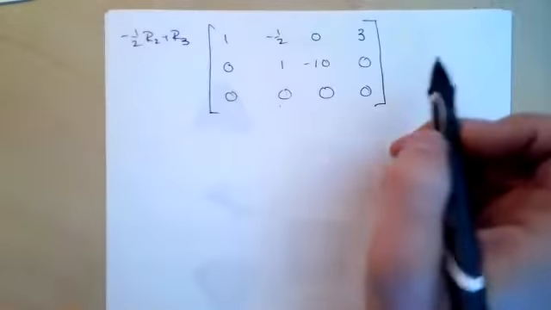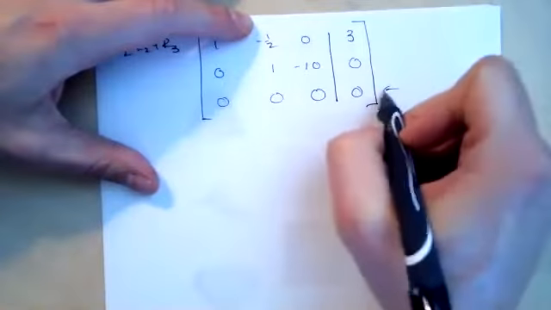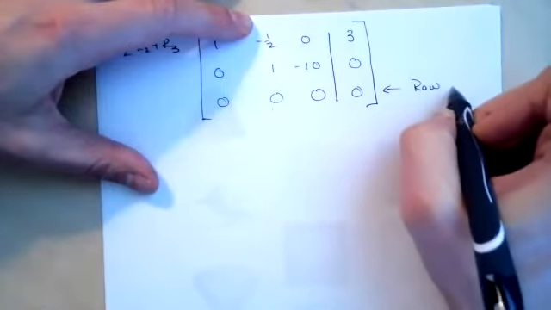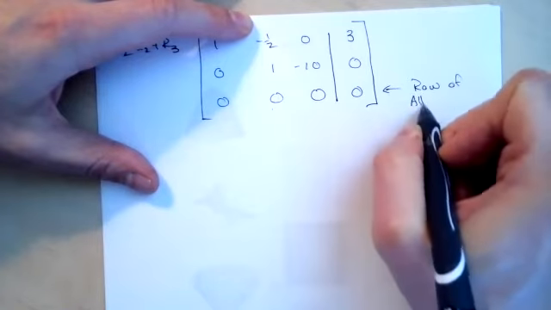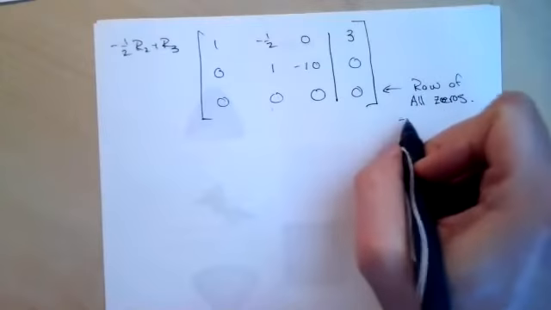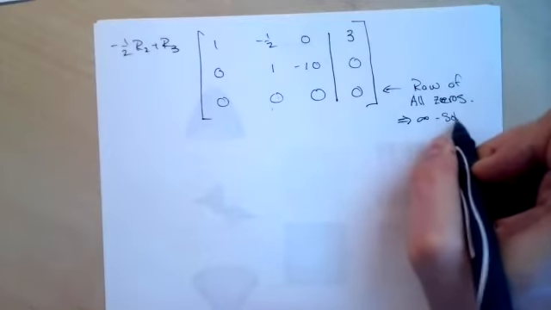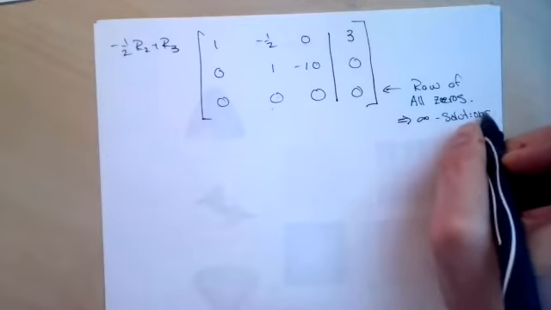And so what do we see? We have a row of all zeros, and this is fine. This implies that we have infinite solutions. And why is that?